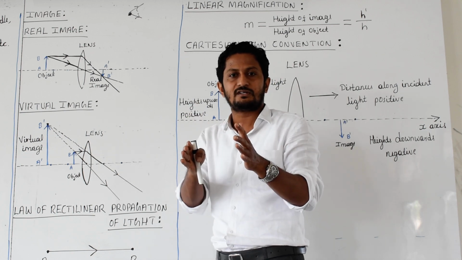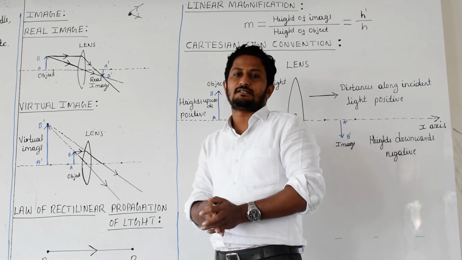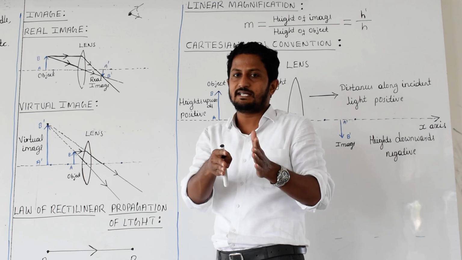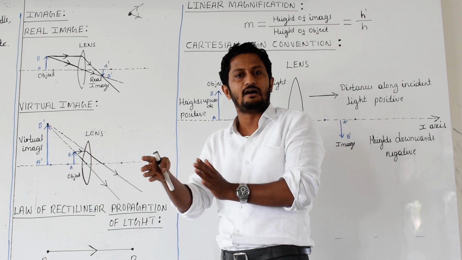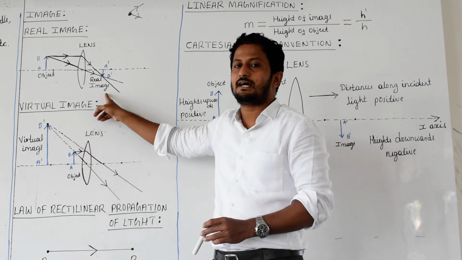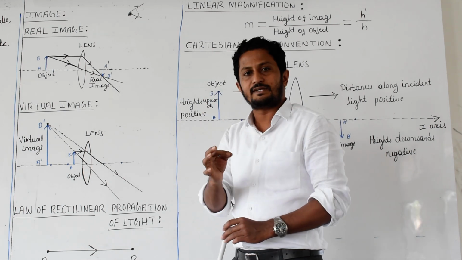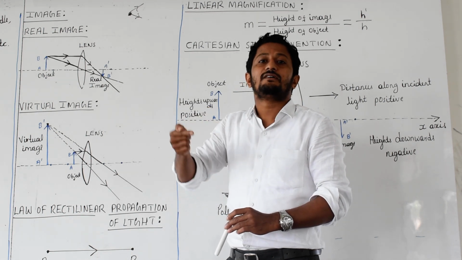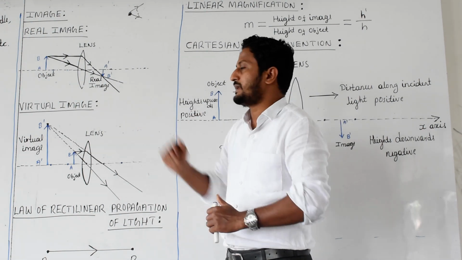We can observe its physical appearance. Such an image is called a real image. Have you understood? So a real image means an image which we can see and even get on a screen.